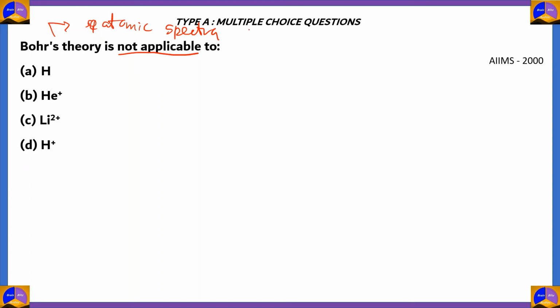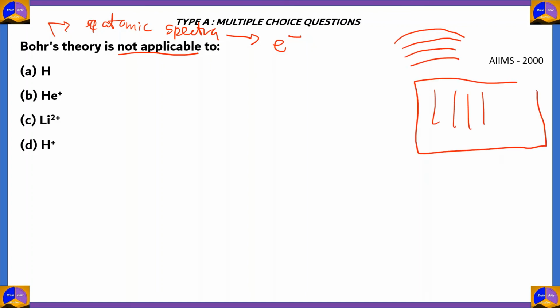These are a way of measuring electrons using spectral lines. It's kind of like the rainbow that we see, except that these are discontinuous. So they have this sort of spectrum in a box, which is used to find out the energy of the electrons. So for Bohr's theory to work, the given species must have electrons.